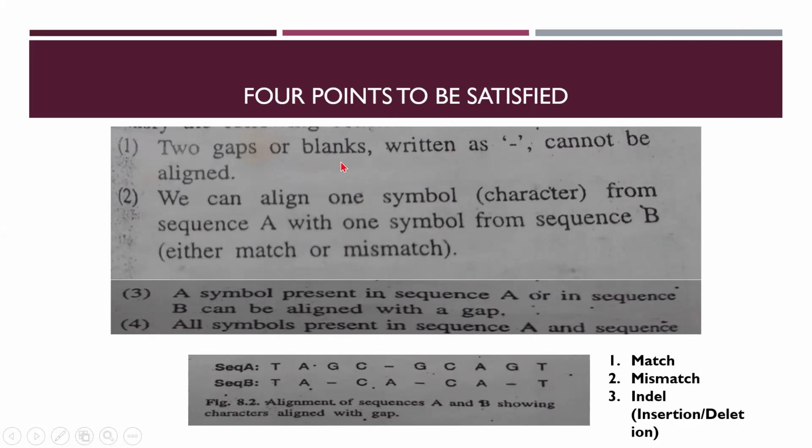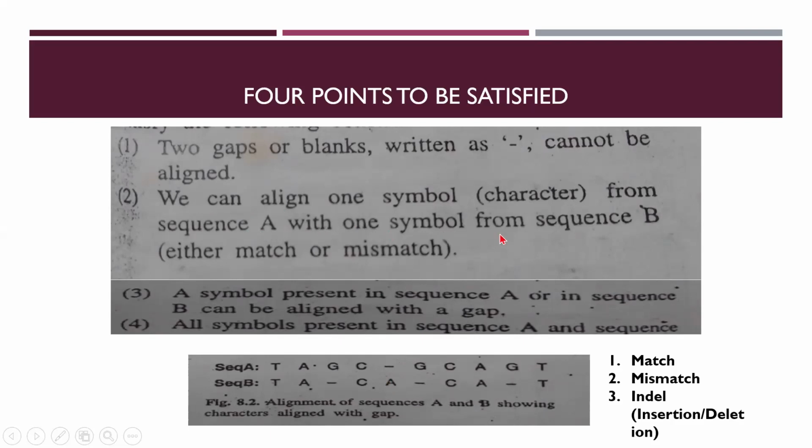First, two gaps or blanks, which are written like this, cannot be aligned against each other. That means in one column there shouldn't be two gaps, but gaps are introduced in order to get the maximum number of matches.